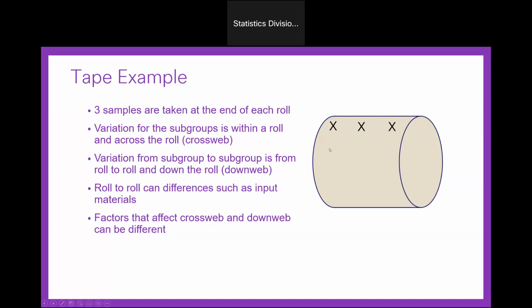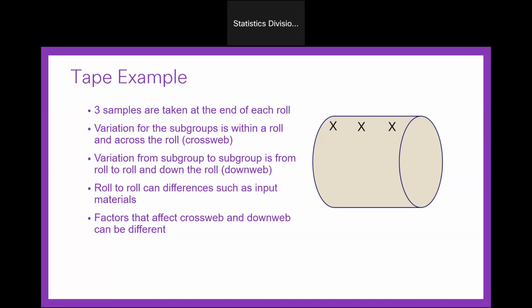And so from one sample to the next is a different direction than within a roll. So those can actually have different factors that affect the thickness.